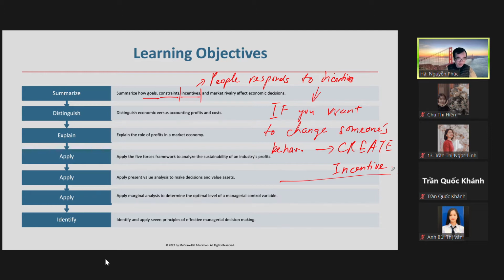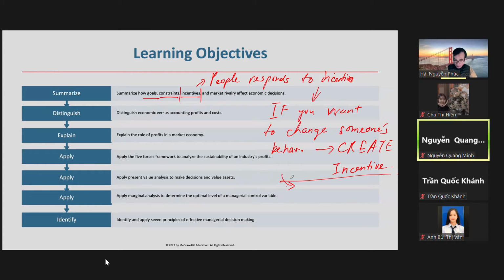Now, let me give you another example. Suppose, you know that we are in the period of pandemic, right? And we are facing economic slowdown, or we say we have economic recession, right? And the government wants the following.